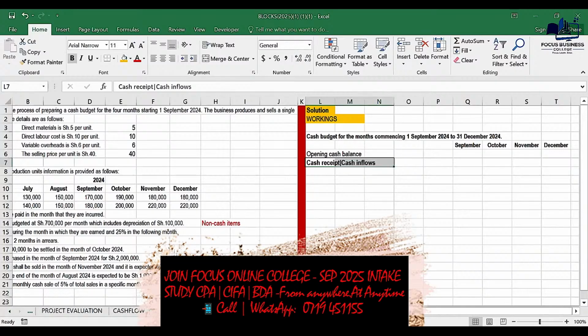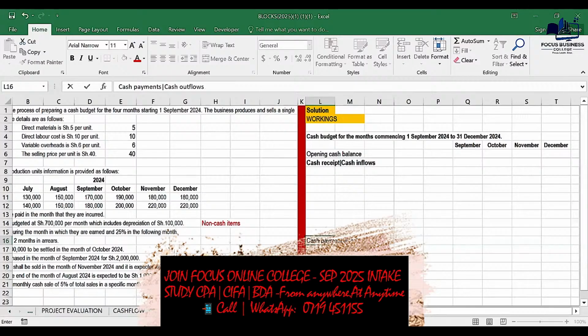And then down here, I will have the cash payments. I think that space is enough. The cash payments, in other terms, we also refer to as the cash outflows.